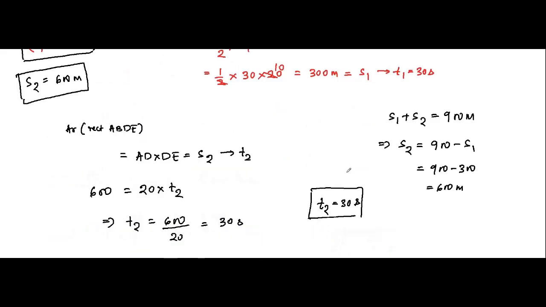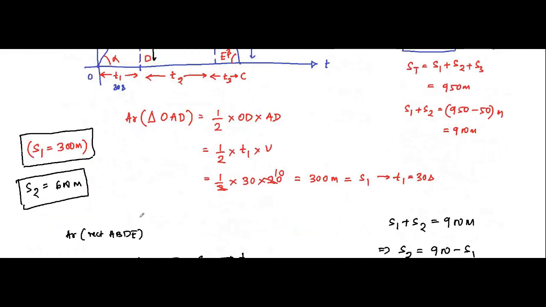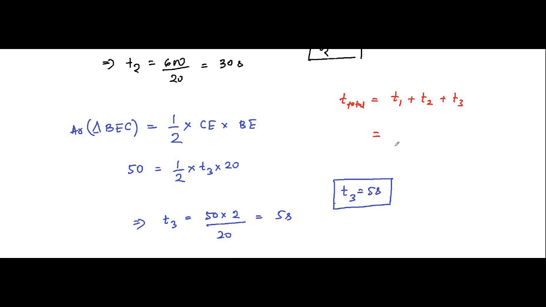This is the retardation. Now the total time taken is T1 plus T2 plus T3. T1 is given as 30 seconds, T2 we have calculated as 30 seconds, and T3 is 5 seconds. So 30 plus 30 plus 5 is equal to 65 seconds.